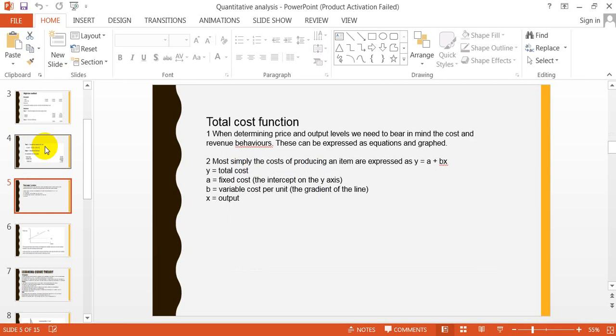y equals a plus bx, where y equals total cost, a equals fixed costs, b equals variable costs per unit, and x equals output.